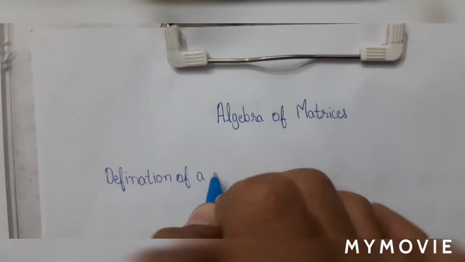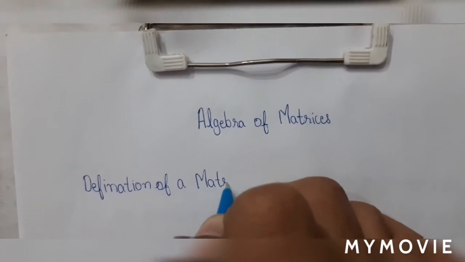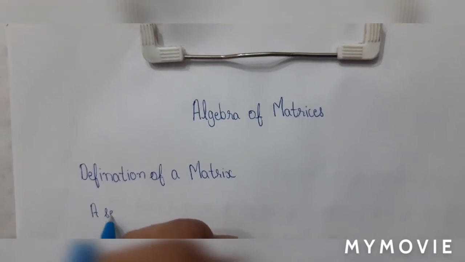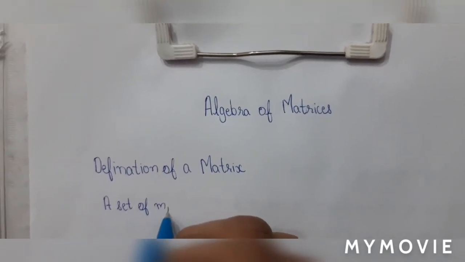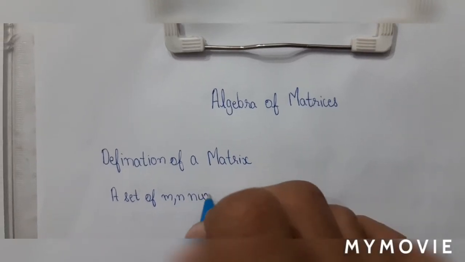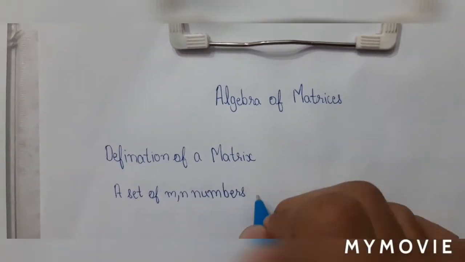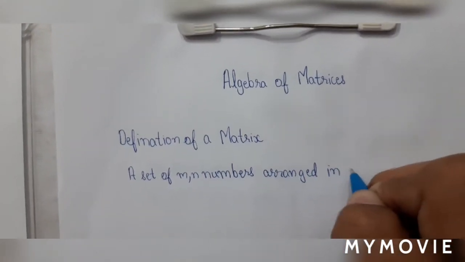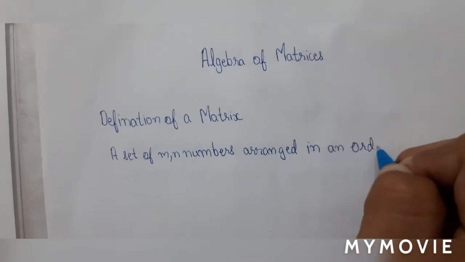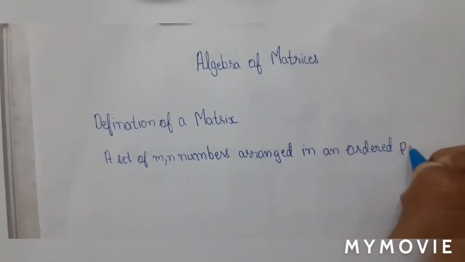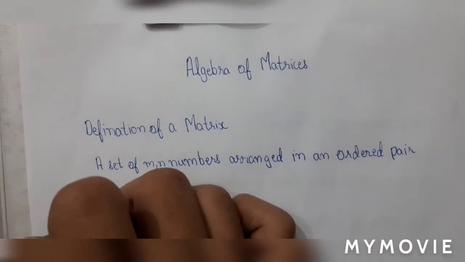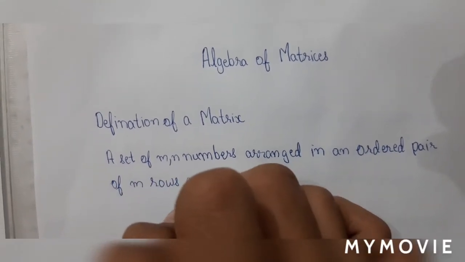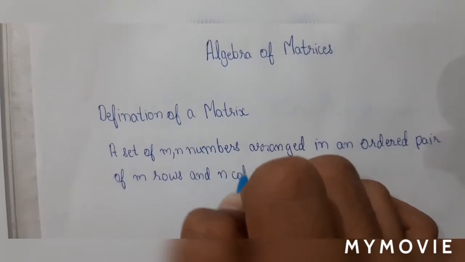Definition of a matrix. So the definition of a matrix is a set of m comma n numbers arranged in an ordered pair of m rows and n columns.